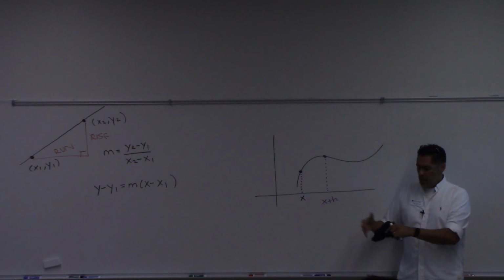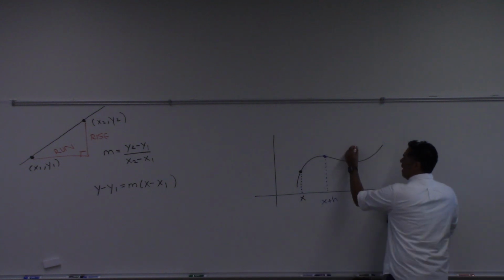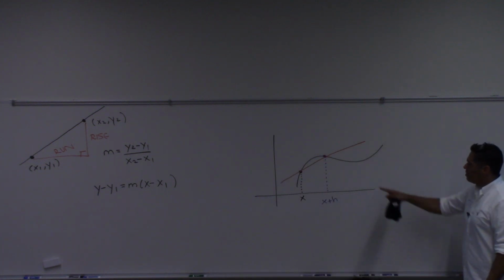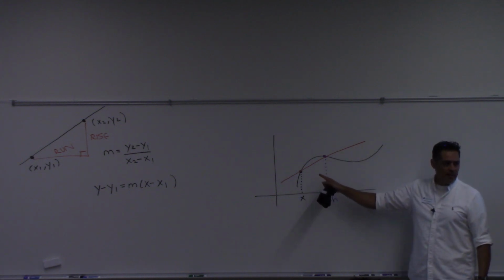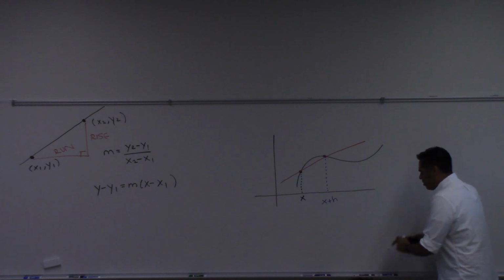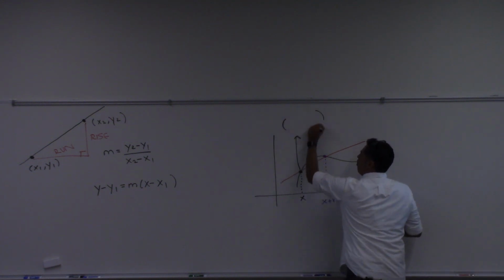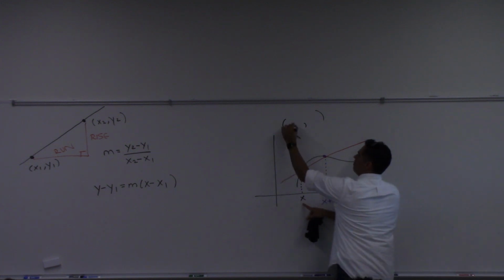Then in calculus, we say if we connect these two with a straight line, what's the slope of this red line? So let's talk about what this point is. What's the x-coordinate of this point? x.